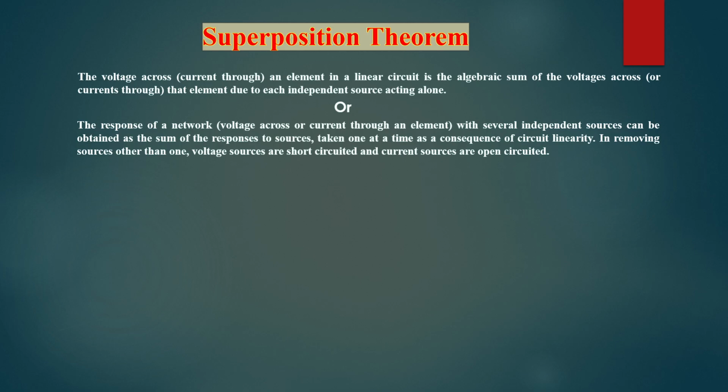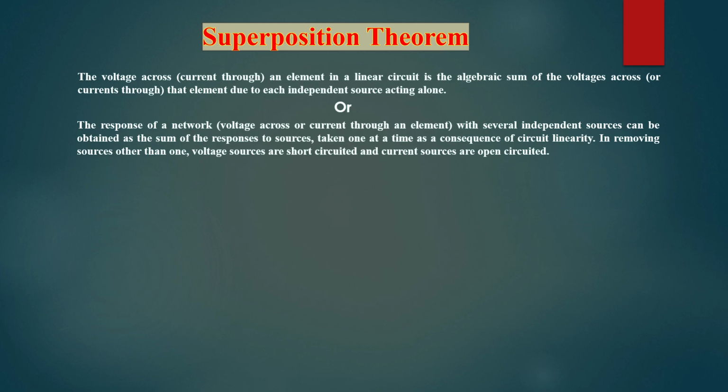Okay, so at a time we'll assume only one source when there is more than one source present in the circuit, by removing the sources other than one. We'll just keep one independent source and remove the other sources.